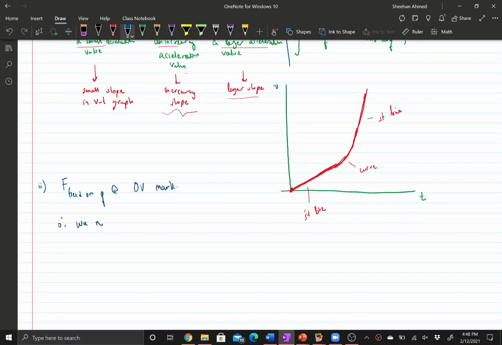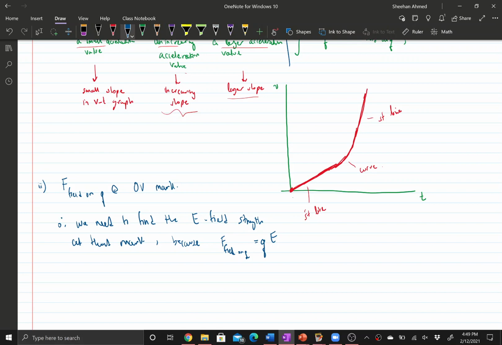Therefore, we need to find the E field strength at that mark, because the force exerted by the field on Q is given by Q times E. So if I get E, I can multiply it by Q and get the force.